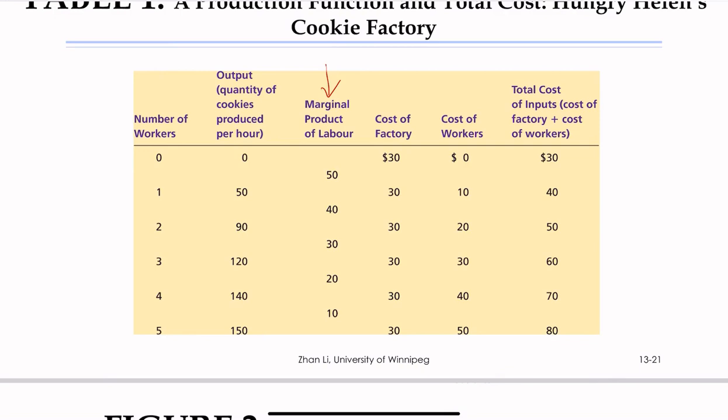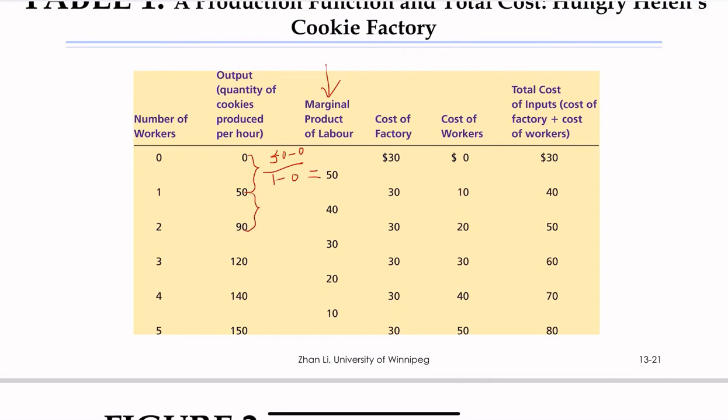Now, let's compare these pairs. You can see that as you increase the number of workers from 0 to 1, output increases from 0 to 50. So marginal product is given by 50 minus 0 divided by 1 minus 0, which gives you 50. Now let's do a second exercise.